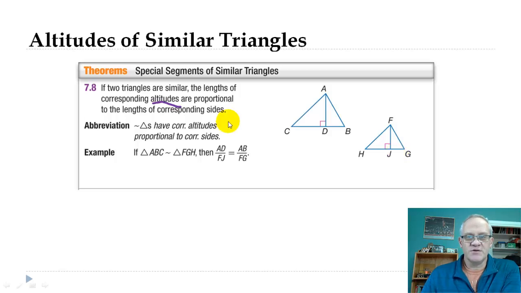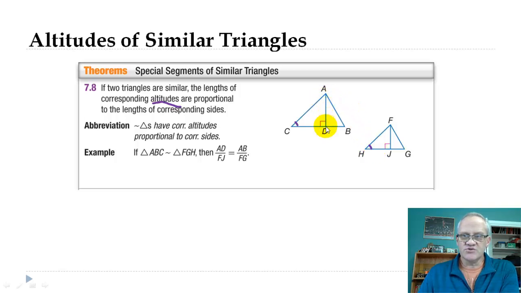Well, in addition to that, you also know that the altitudes are in that same exact ratio. Here's a quick little thing on why. We know all the different sides are in the same proportion, and since these two triangles are similar, we know that C and H have to be the same.